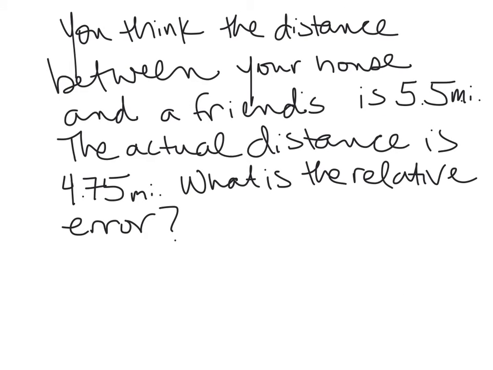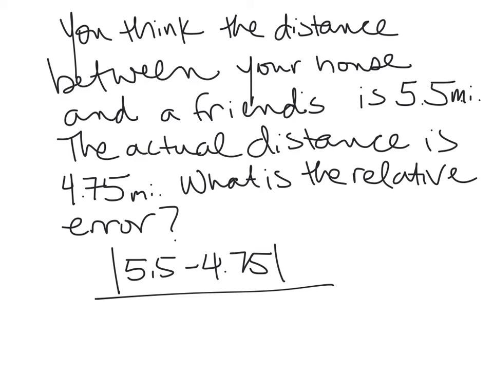You think the distance between your house and a friend's is 5.5 miles. The actual distance is 4.75 miles. What is the relative error? So what we're going to do is take our estimate of 5.5, subtract it from the 4.75, and then divide it by the 4.75. So it becomes the absolute value of 0.75 over 4.75.